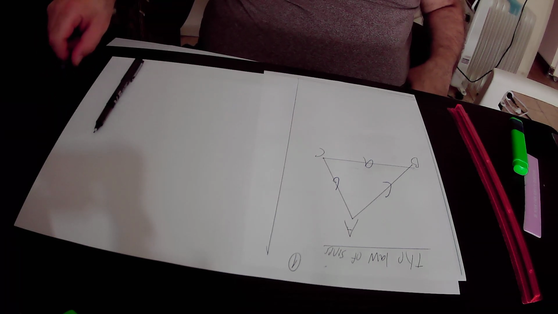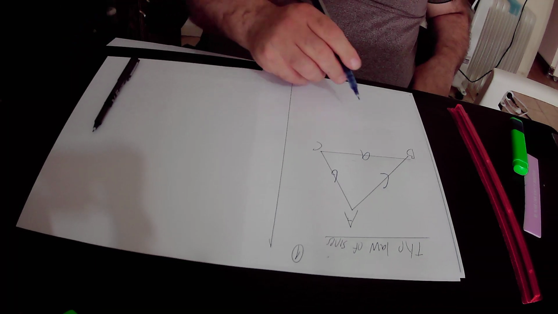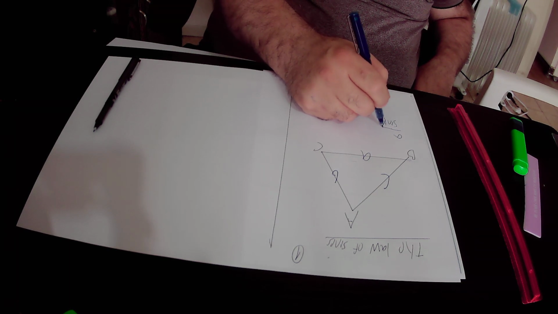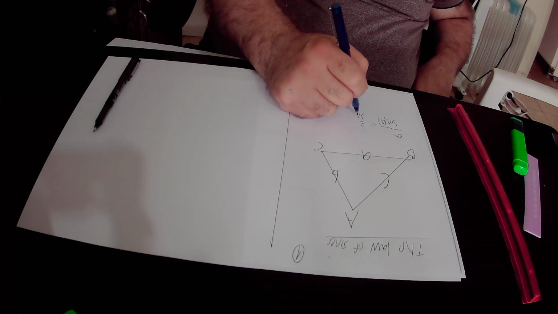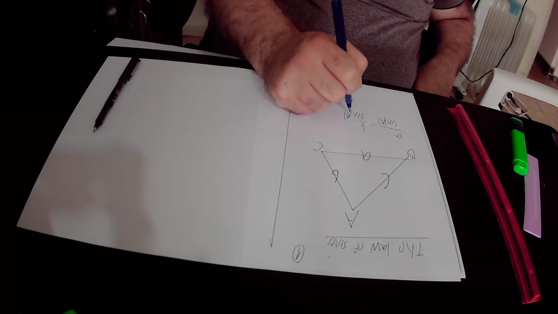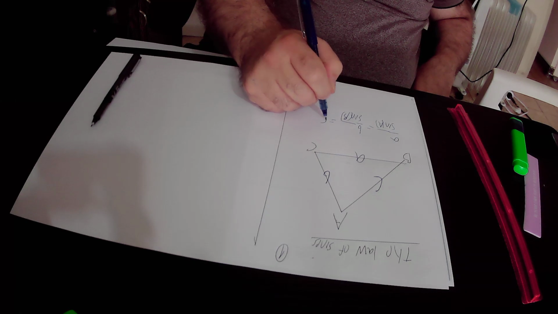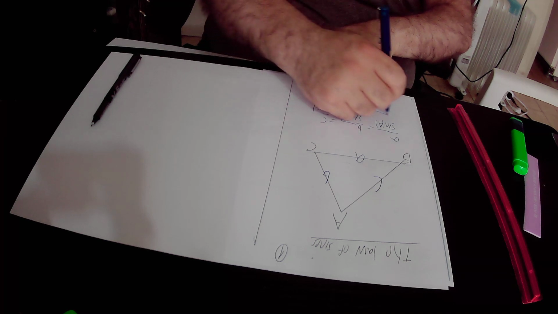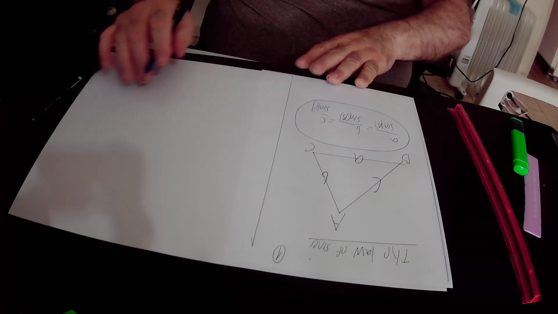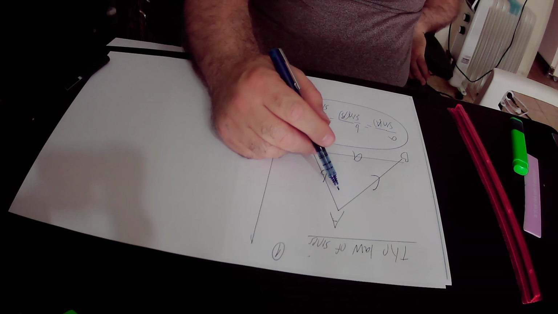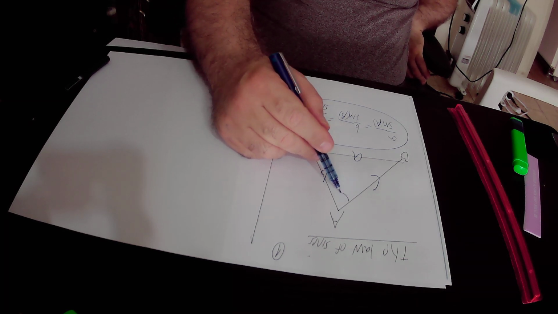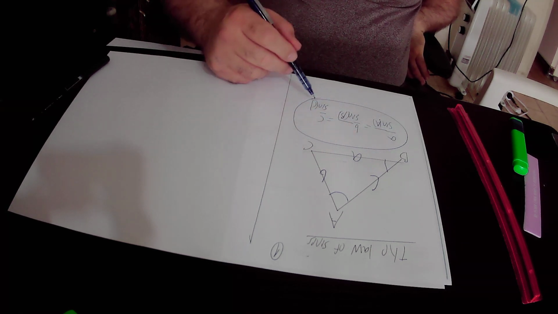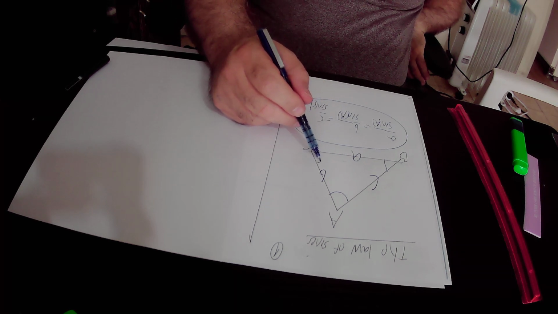Okay, so according to the law of sines, we get that a over sine A equals b over sine B, and it is equal to c over sine C. Here capital A is the size of angle BAC, capital B is the size of angle ABC, and capital C is the size of angle ACB.